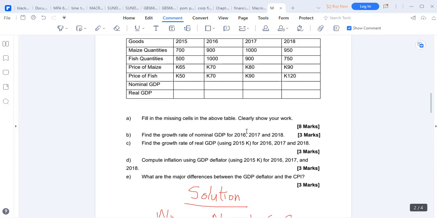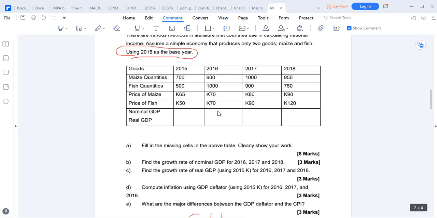When you're using 2015 as a base, you use the base prices, that of 2015, to find the real gross domestic product for each of these years.